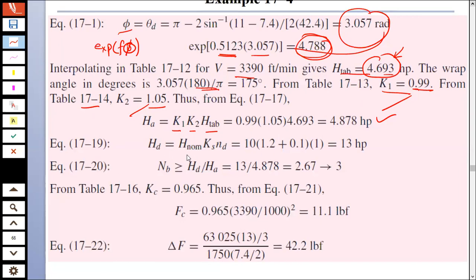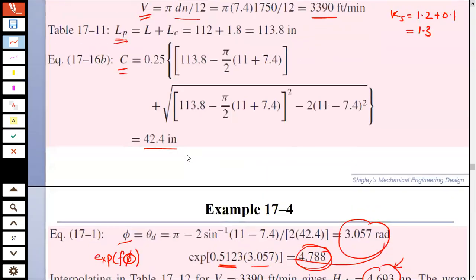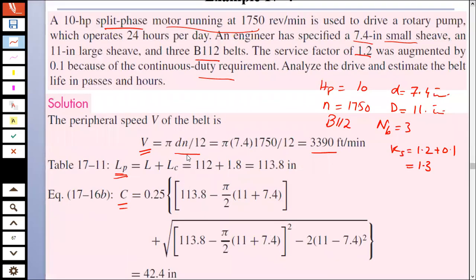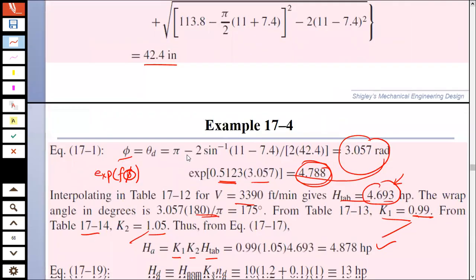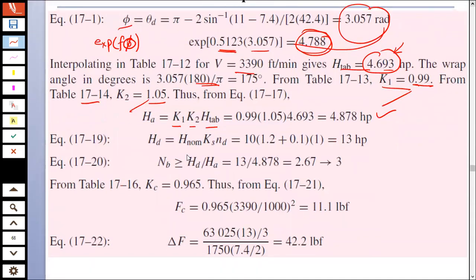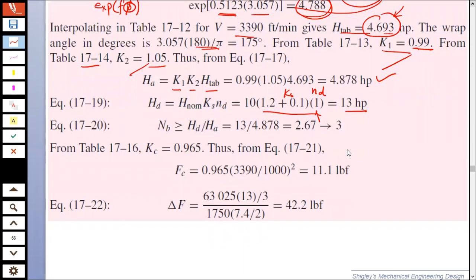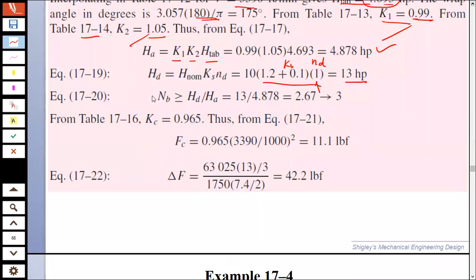You already have the horsepower from the problem statement which is 10. Theek hai ji, to what you would do is 10 multiplied by the service factor Ks and Nd. Nd is 1, taken 1 over here, that is fine, and it turns out to be 13. Go ahead and find the number of belts, which is 2.67, and that turns out to be 3.